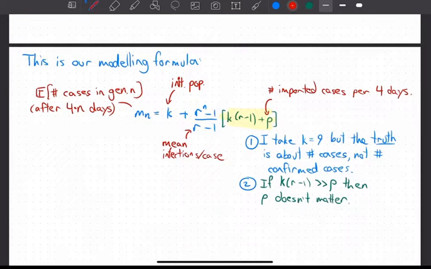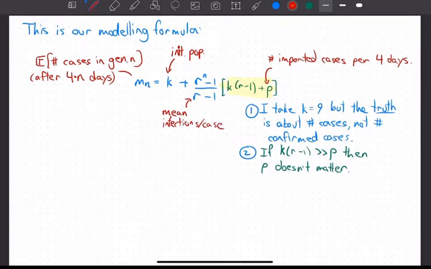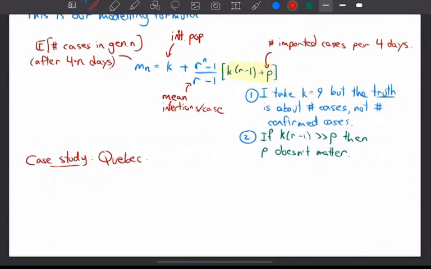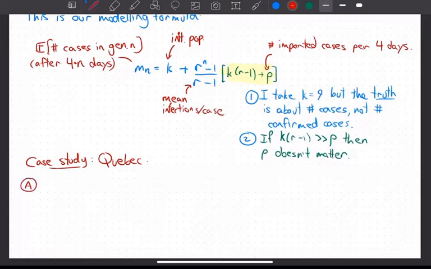Okay, so let's go through a case study. Our case study is Quebec. All that means by saying Quebec is this idea that k is 9.